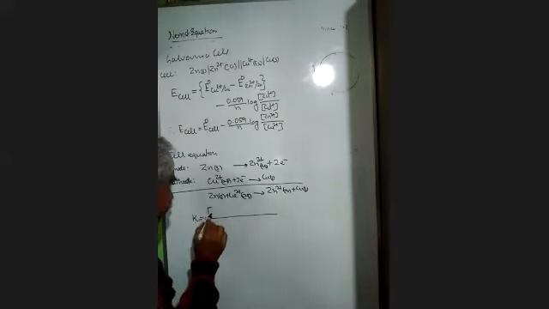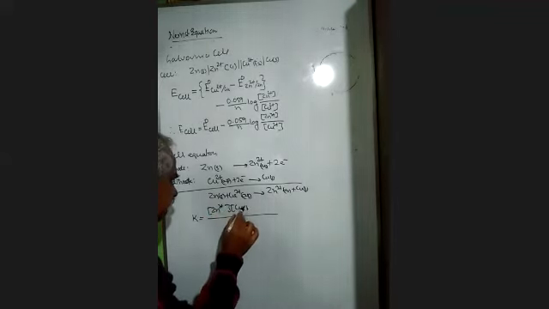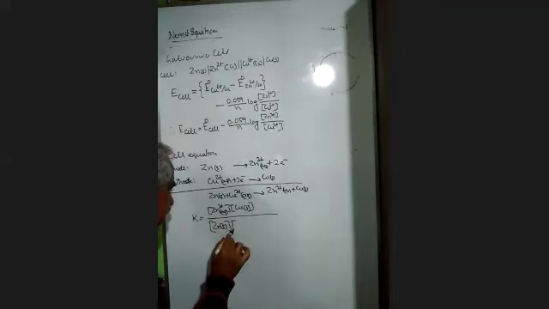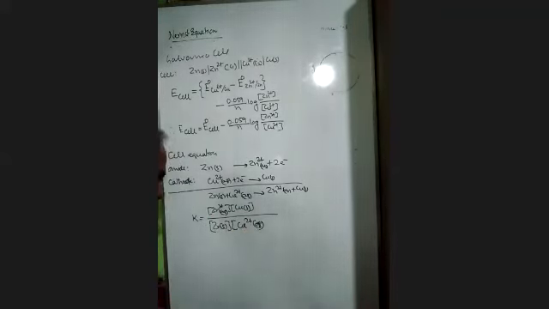So right now here, Zn2+(aq), Cu(s), and here it is Zn(s) and Cu2+(aq). See, at equilibrium.